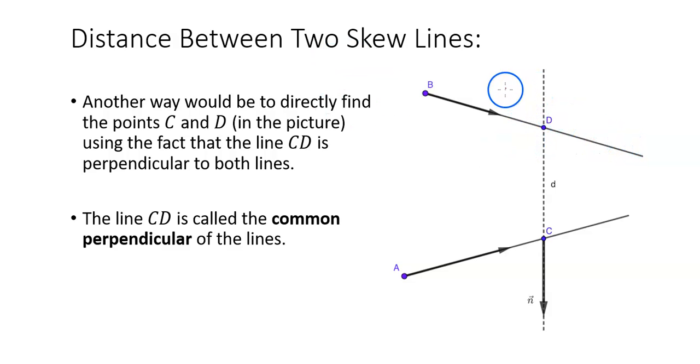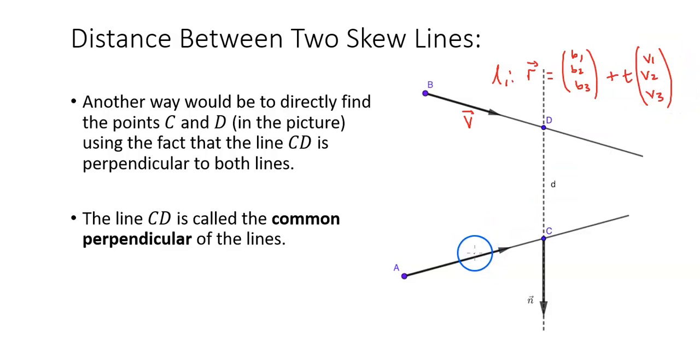So let's go ahead and suppose that the line L1 has equation r equals (B1, B2, B3), so that is the vector OB, plus t times, let's call this vector V, so (V1, V2, V3).